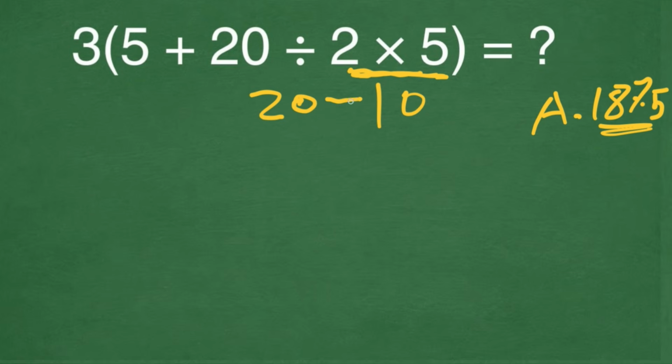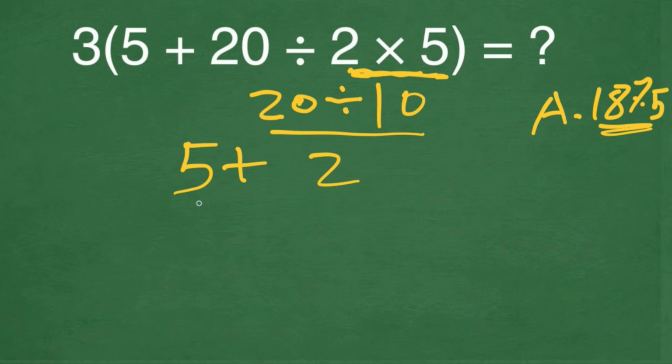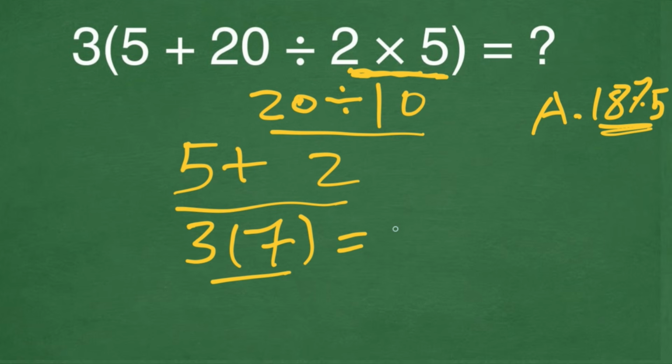So 20 divided by 10 is going to be the next equation. And 20 divided by 10 is equal to 2. And they just add 5 to it. And 5 plus 2 is 7. And they multiply 7 by 3, which gives them the answer 21. So for Group B, the answer is 21.